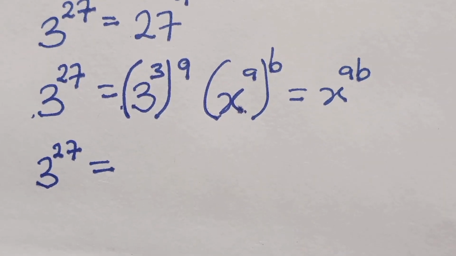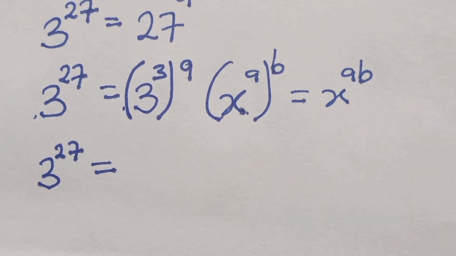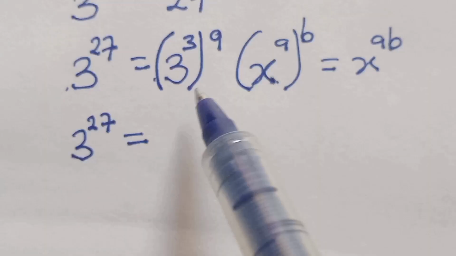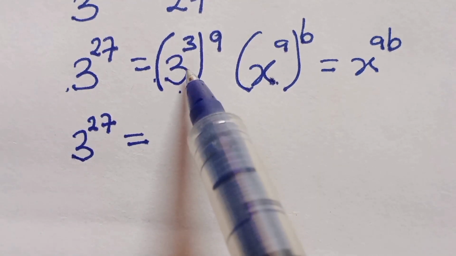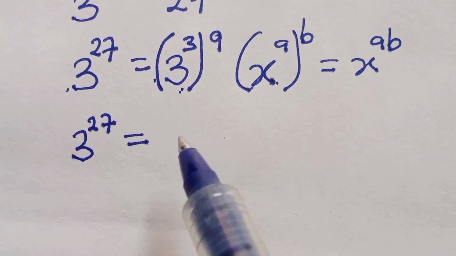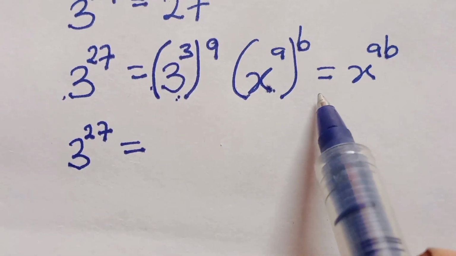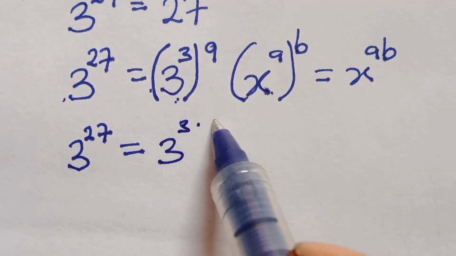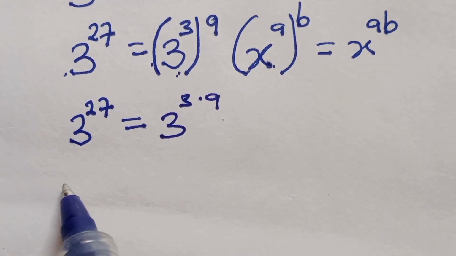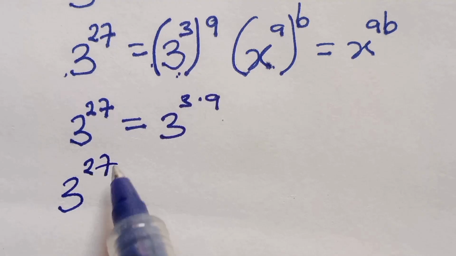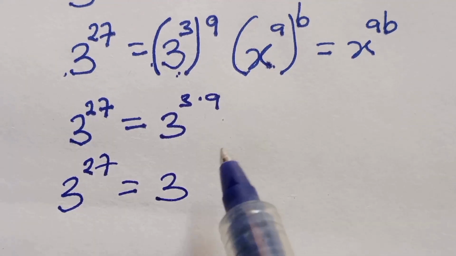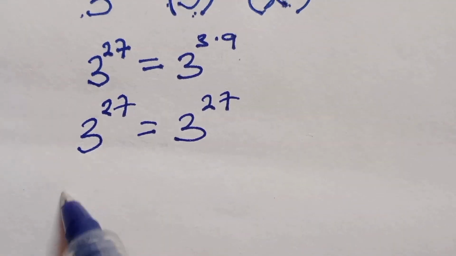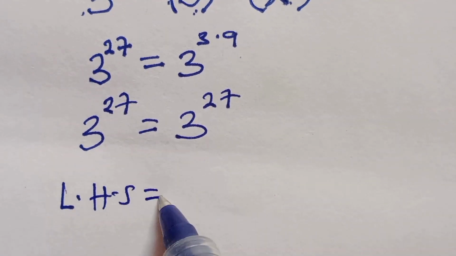So therefore, from here we have 3 raised power 27 now equal to 3 raised power 3 times 9. So therefore 3 raised power 27 will now be equal to 3 raised power 27.